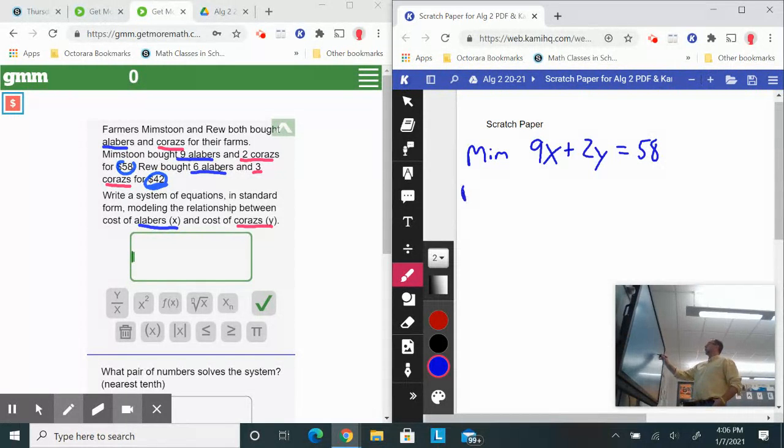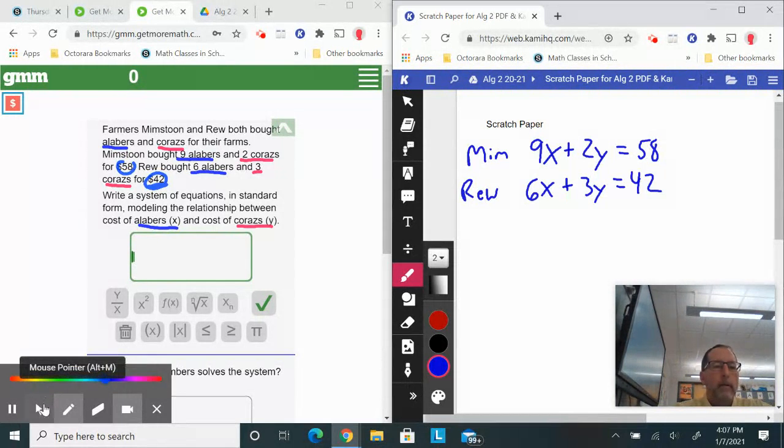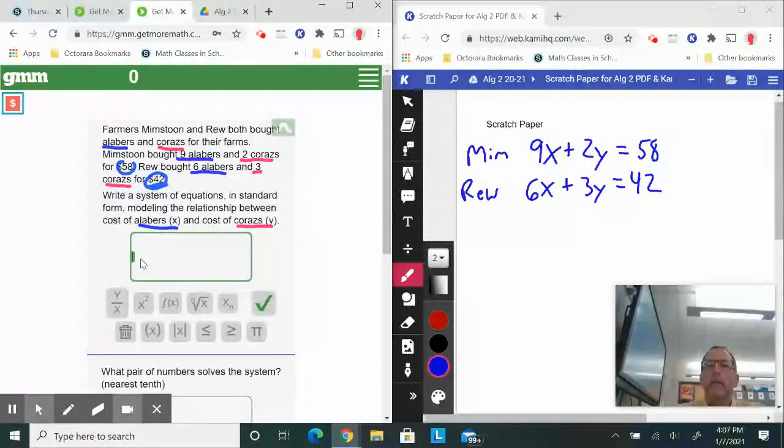Then you have Farmer Rue, 6 Alibers, so it's 6 times whatever the cost of those are, and those are X. And 3 Karazes, so that's 3Y. And he spent $42 total. So that's what I'm going to do first. I'm going to enter that into my GMM here.